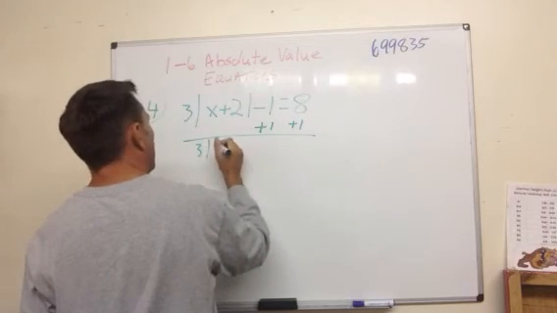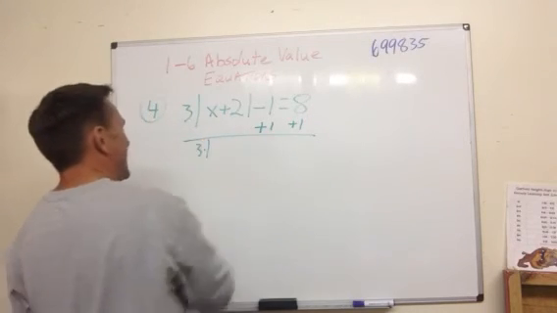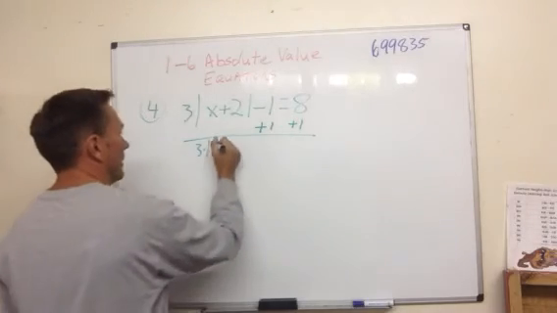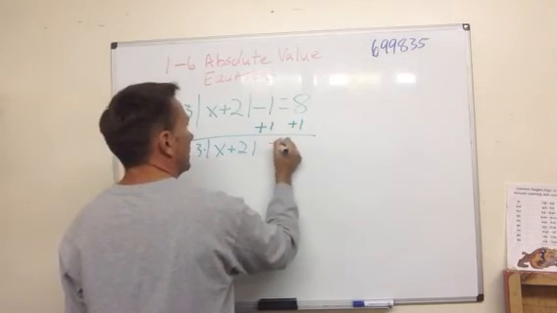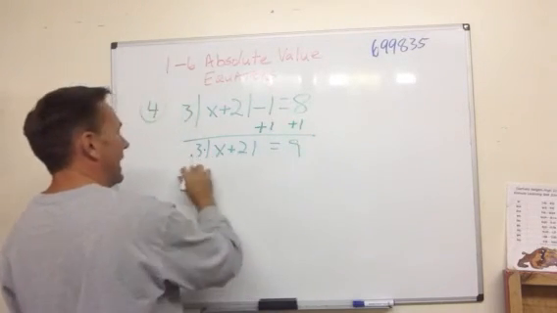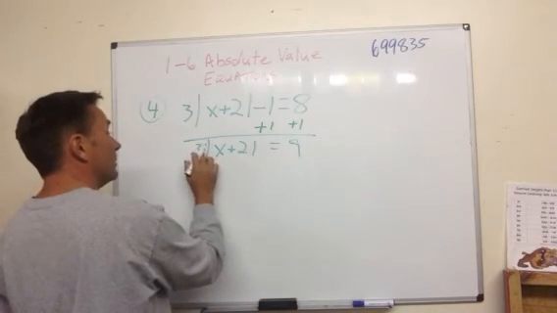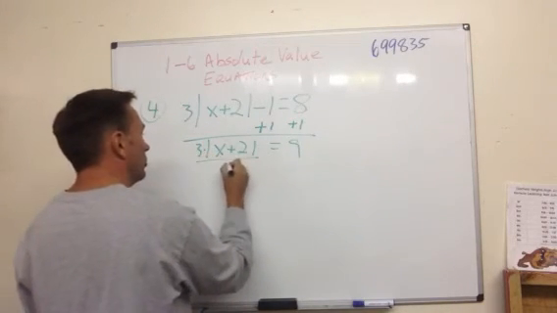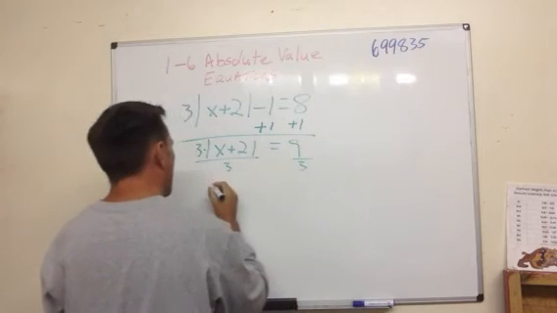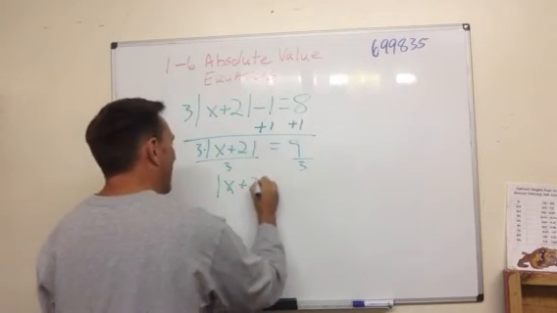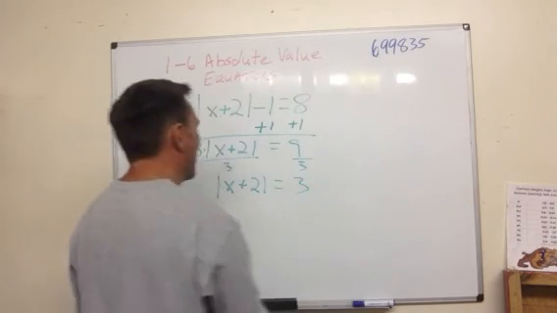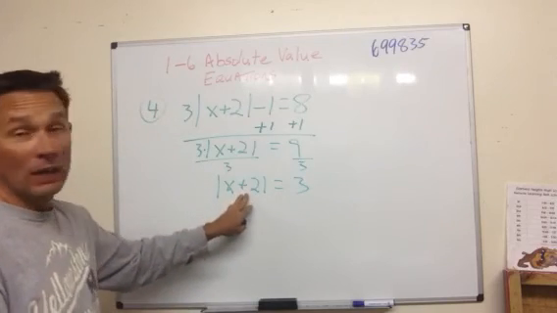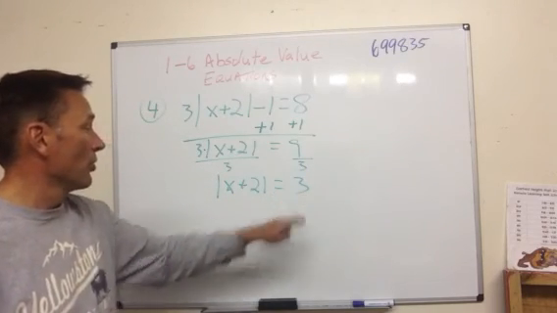Now we have 3 times the absolute value of x plus 2 equals 9. I need to get this by itself, so since it's being multiplied, I want to divide. Now I have my absolute value all by itself: the absolute value of x plus 2 equals 3.